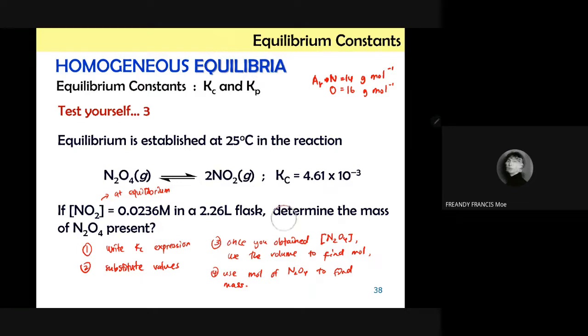Remember, they want you to determine the mass of N2O4. 25.116. Betul. So, jawapan dia adalah 25 gram, 25.2 kalau kita, what do you call it, bundarkan. 25.116. Correct. Bukan 2.254, salah.